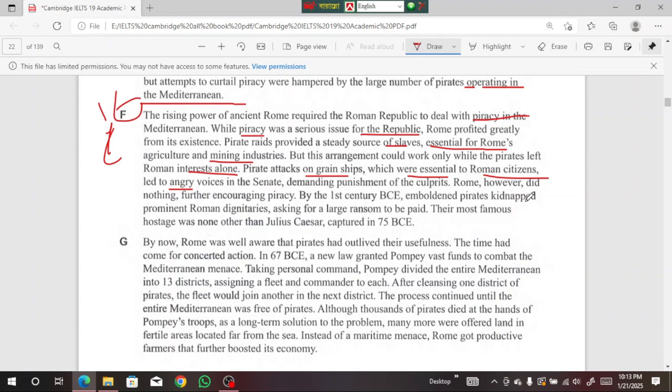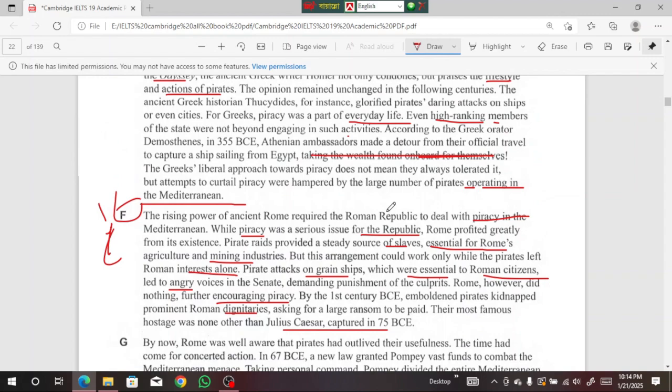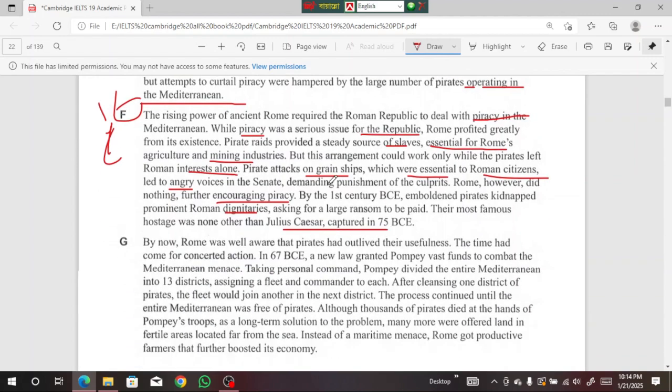Emboldened pirates began to kidnap people. Their most famous hostage was none other than Julius Caesar, captured in the first century BC. Their deed and their action is mentioned here.